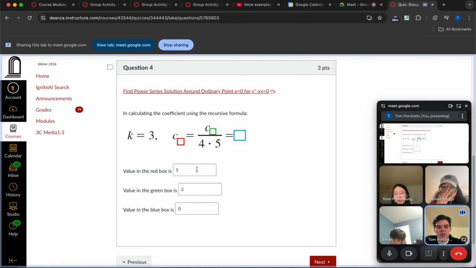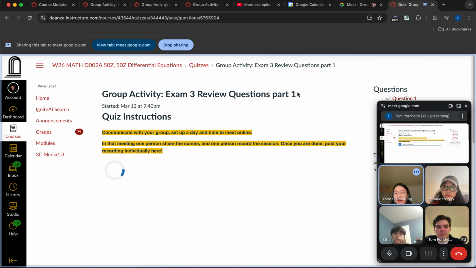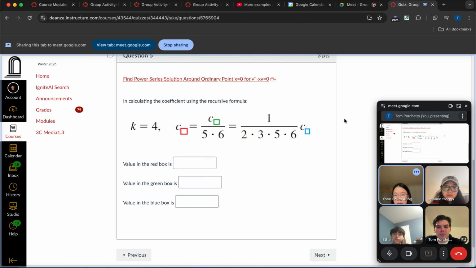So the red box is 5, the green one is 2, and the other one is 0. When k is equal to 4, we get C6 because we are adding 4 and 2, and the other one will be C3, because 4 minus 1 is equal to 3. On the other side, the blue box, we will get C0.